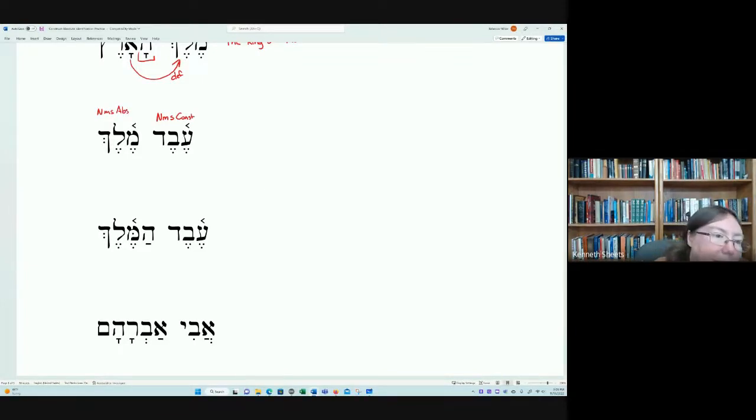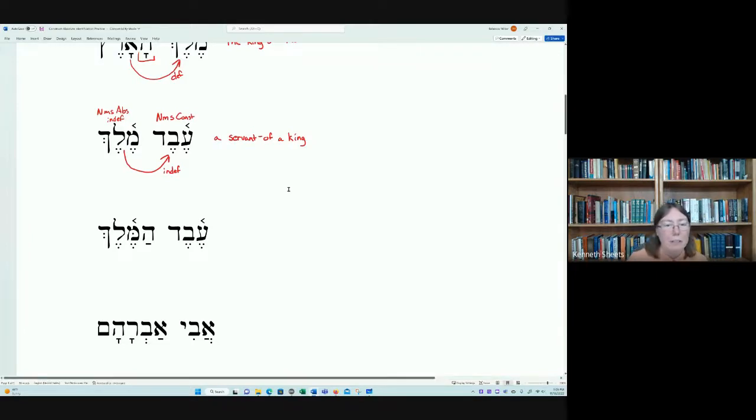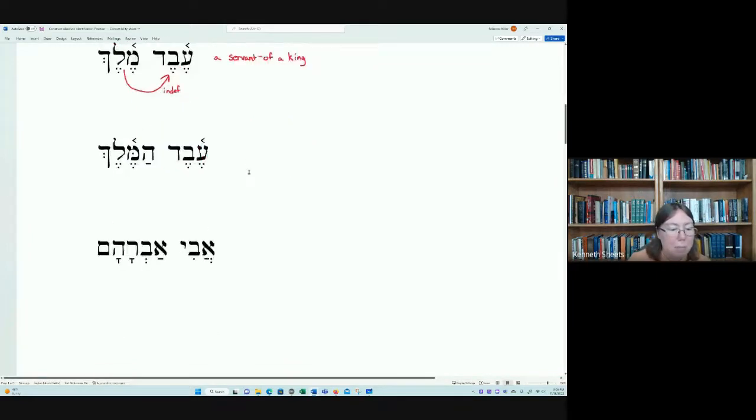And melek does not have the article. It also is not a proper name, and it's not a pronoun. So it is indefinite, which in turn makes eved also indefinite. So if I translated it, eved would be servant of, melek, king, but melek is indefinite, and thus servant is also indefinite. So a servant of a king.